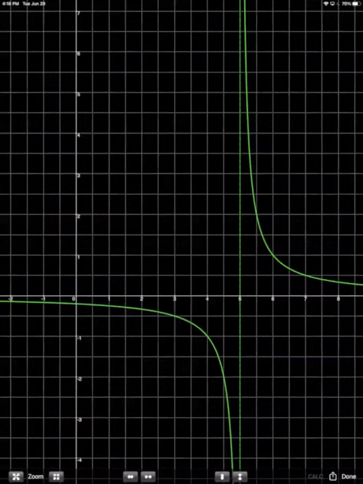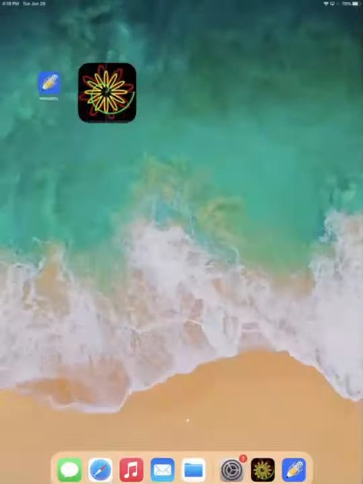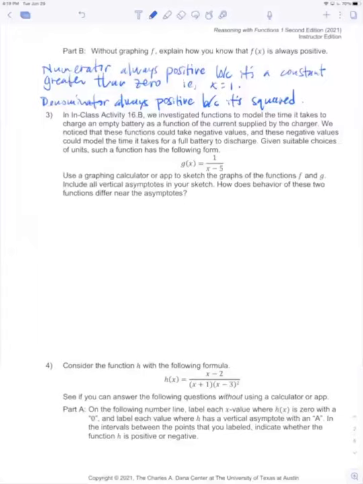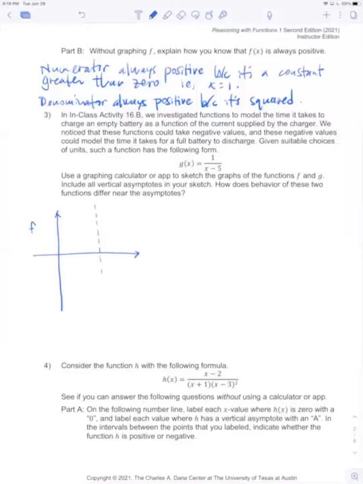So let's go back and do a quick sketch on our paper with these. This is the graph. We'll do f first. There's x equals 5, and we have a curve like that.